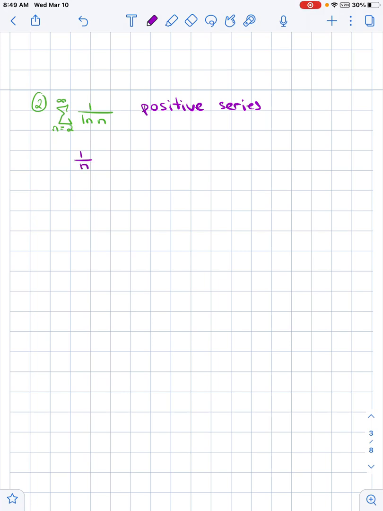I'm going to just try 1 over n. Let's just try that. When n is greater than or equal to 2, I know that n will be greater than the natural log of n. And if you're not sure why, take a moment to think about why that's true.